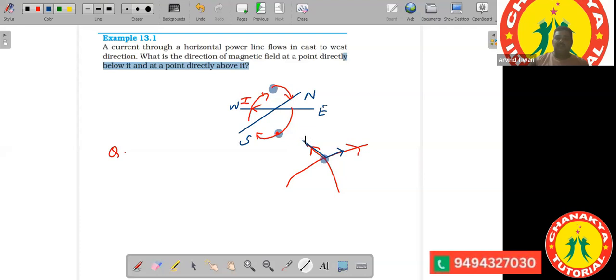So is it possible for the compass to point in 2 different directions at the same time? Not possible. So no 2 magnetic field lines can ever intersect each other, because if they intersect, it would mean that the compass needle points in 2 different directions at that point, which is not possible.